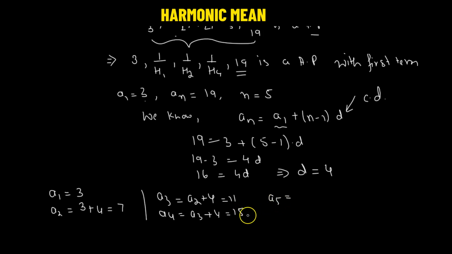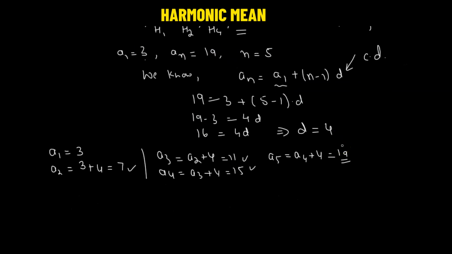The fifth term is already provided, but let's also verify. We take the fourth term 15 and add 4 to it. That's 19, which is the value we were provided. So the terms introduced between 3 and 19 are 7, 11 and 15. But be careful here: 3, 7, 11, 15 and 19 form an arithmetic progression, not a harmonic progression.